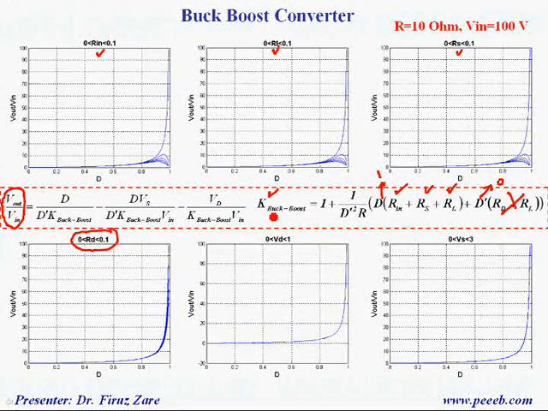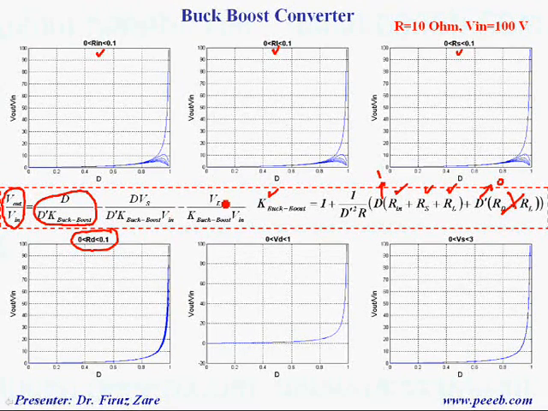So K buck-boost is an important factor to determine the conversion ratio for a buck-boost converter operating at high duty cycle. So that's why this term is the important part for the buck-boost converter. For the ideal case we have D over D prime, but for the non-ideal case it is D over D prime times this factor.